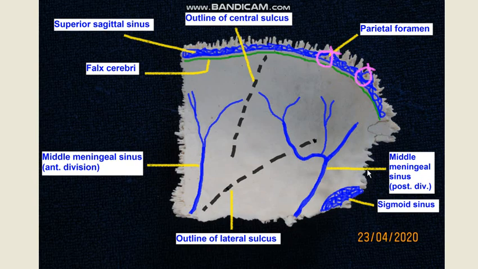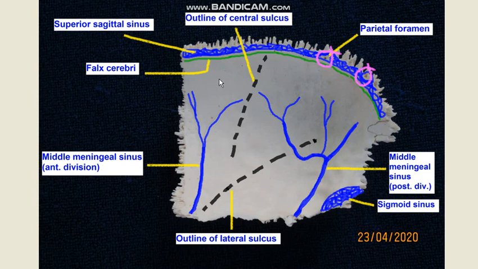The inside of the parietal bone is related to a number of important areas of the brain, and if you draw an imaginary line obliquely passing upward from the anteroinferior angle, this will correspond roughly to the lateral sulcus, and if you draw a line obliquely downward about 3 to 4 centimeters behind the anterior angle, this will roughly correspond to the central sulcus.